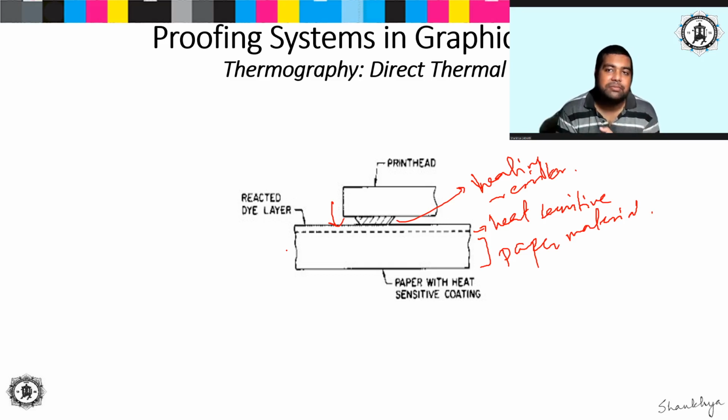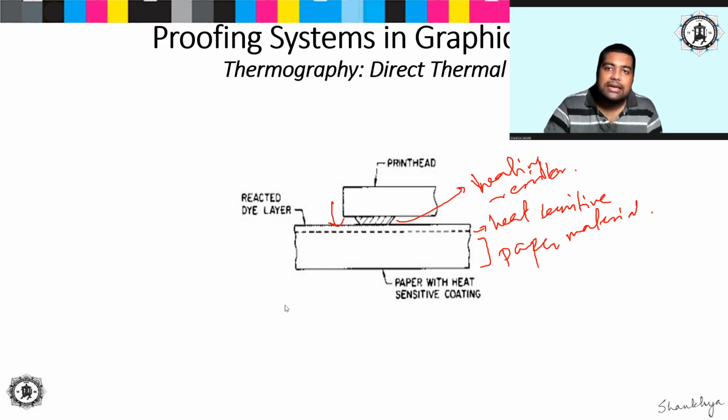That means the depth of the color, the optical density of the color, is determined by the amount of heat that is passing from the print head to the actual heat sensitive paper.